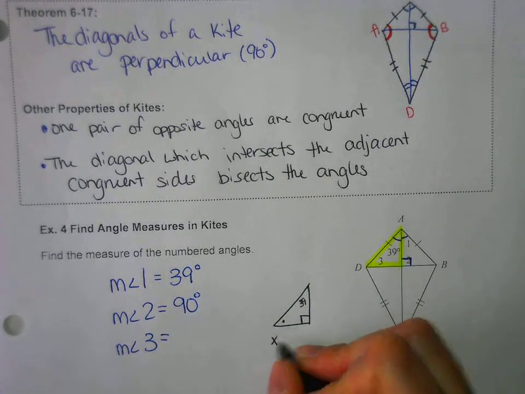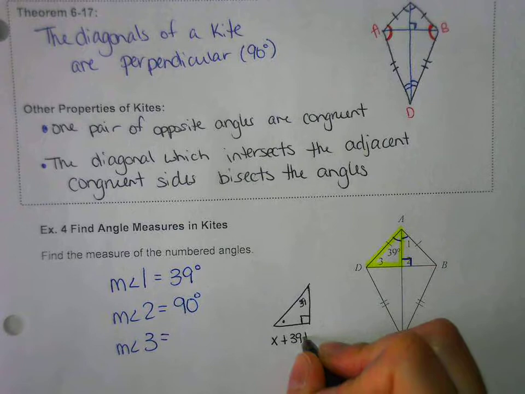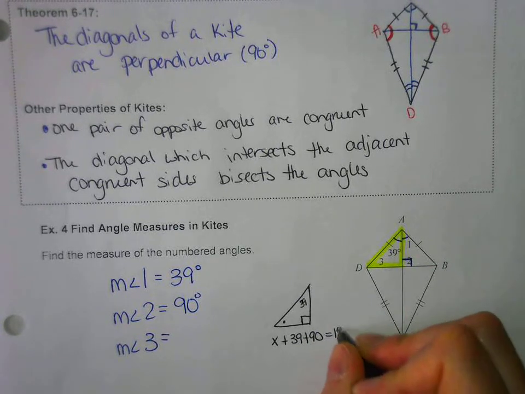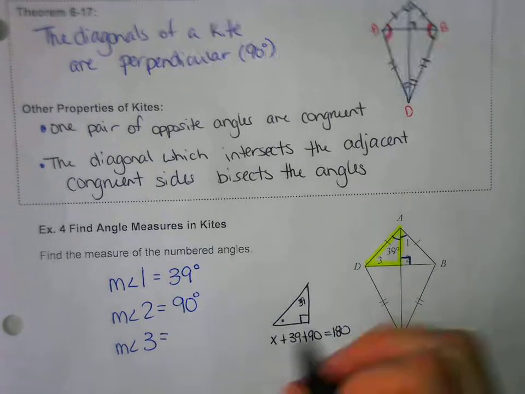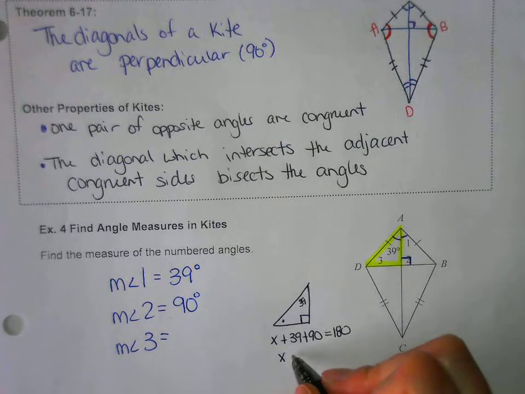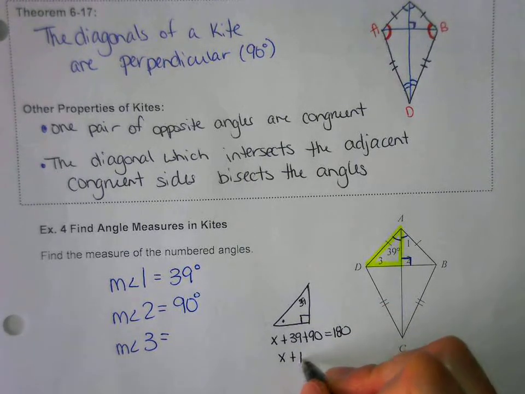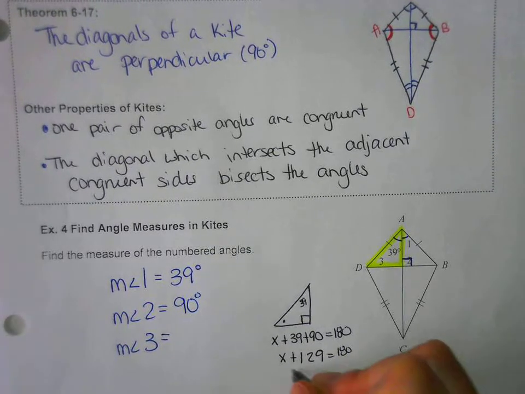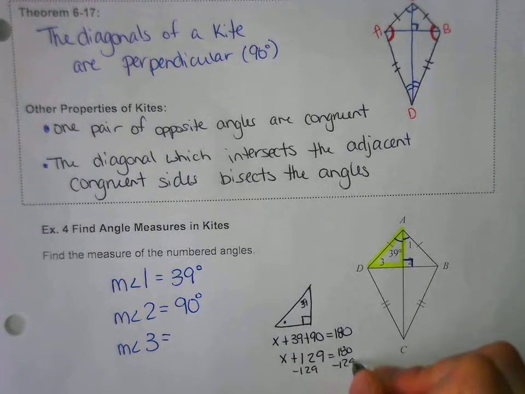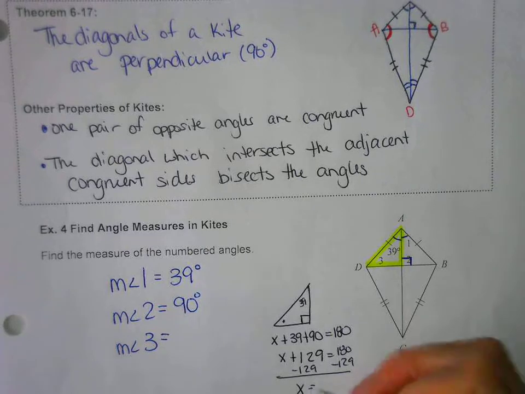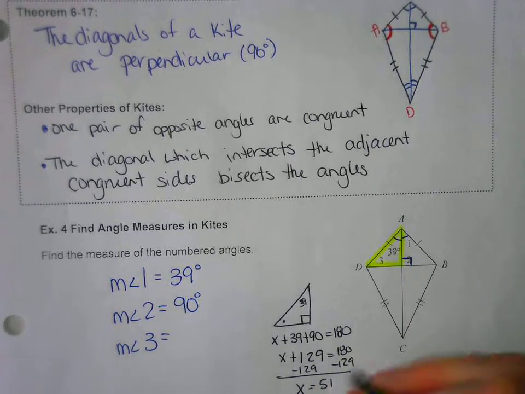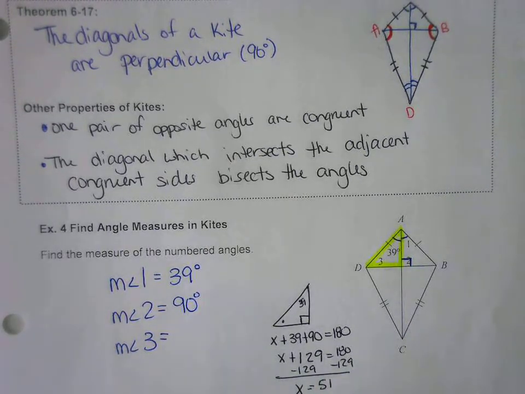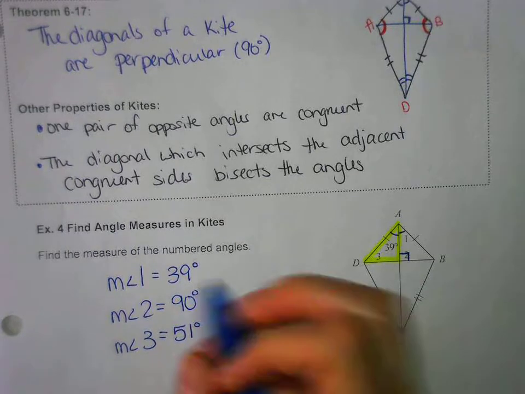So if I take what I don't know plus my 39 degrees and my 90 degrees, they will equal 180. 39 plus 90 is 129. If we subtract 129, we get that x is 51. So the measure of angle 3 is 51 degrees.